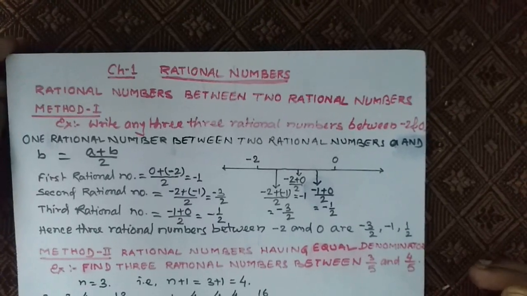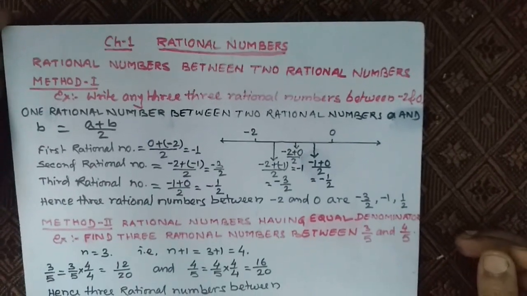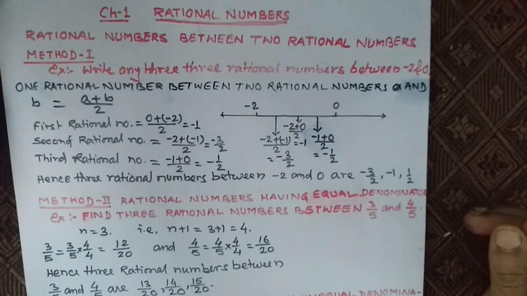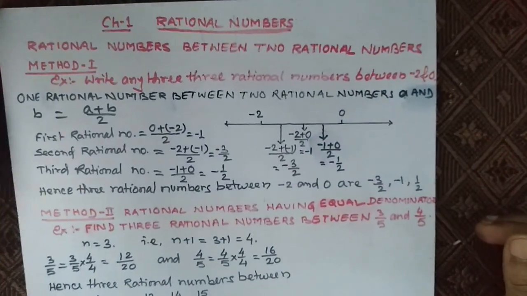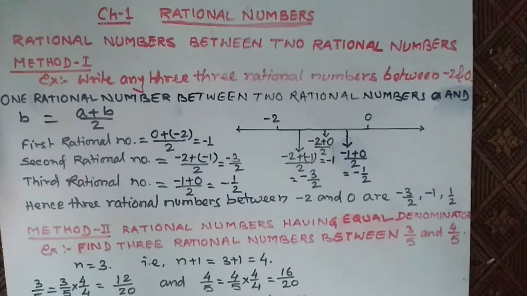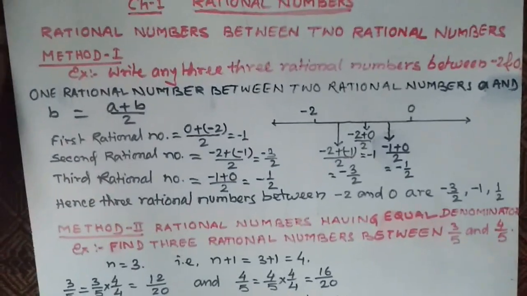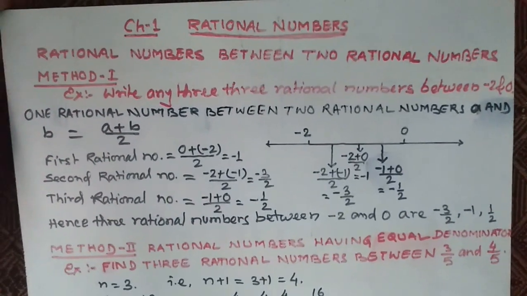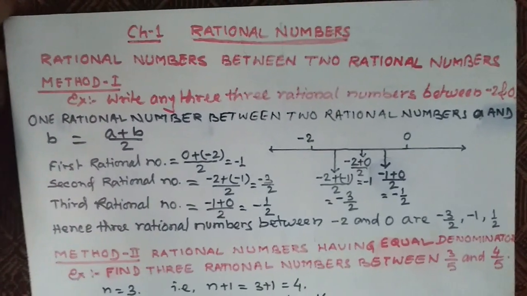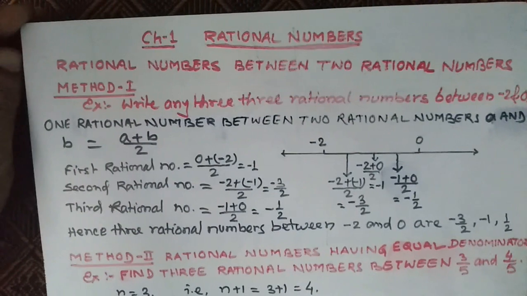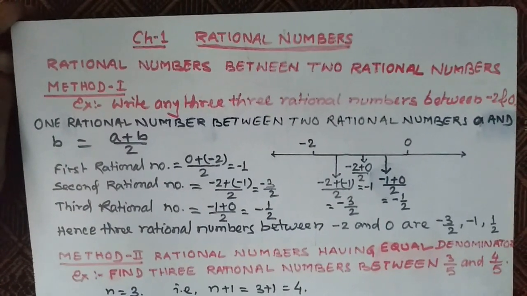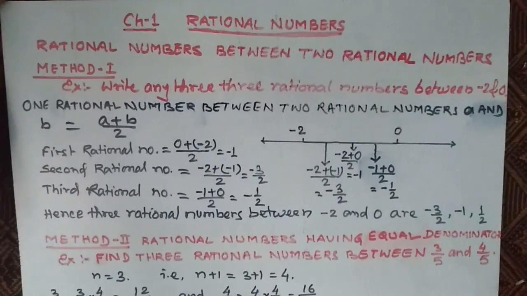Now let us start the rational numbers between two rational numbers. Before starting about the rational numbers, let us understand the natural numbers or integers between the integers.